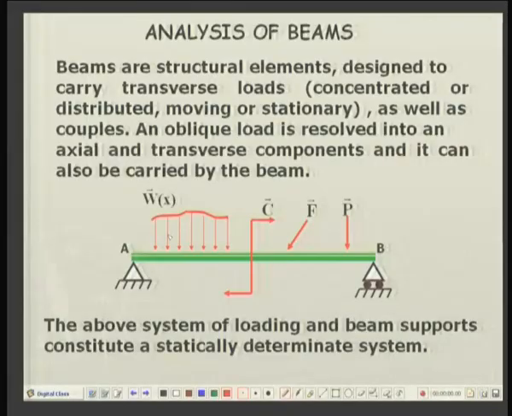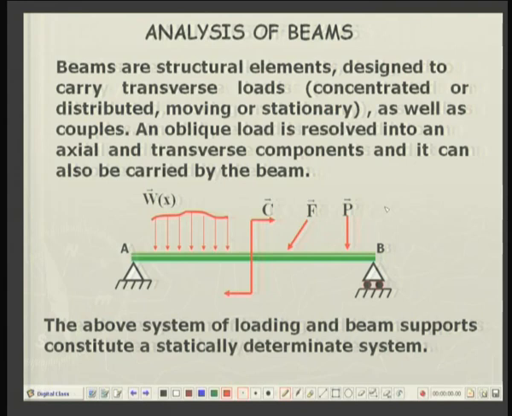Now, in the analysis of beams, again we will be restricting ourselves to statically determinate systems, that is the number of reactions from these end supports should be just equal to the number of equations of equilibrium. Okay.